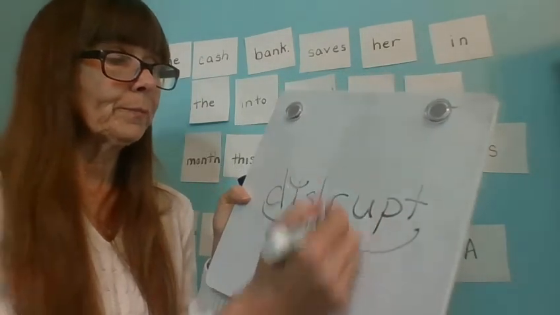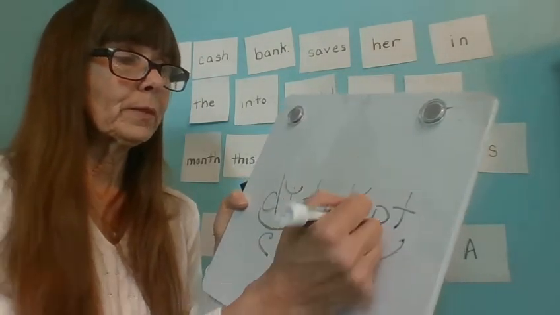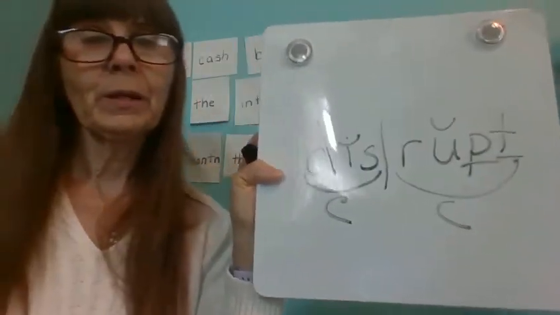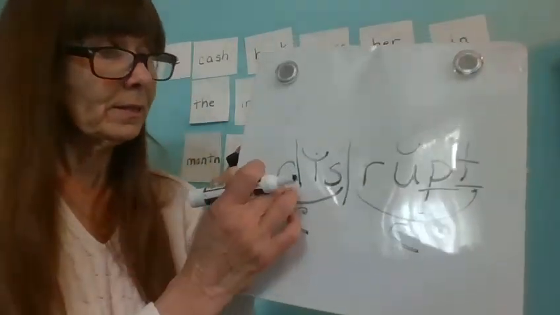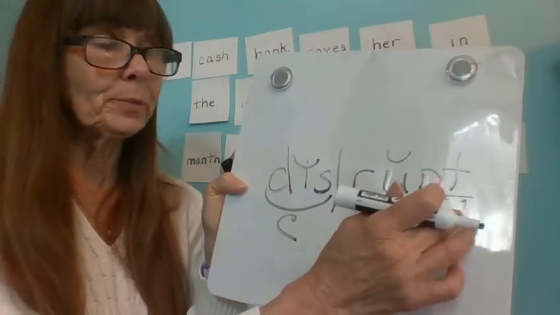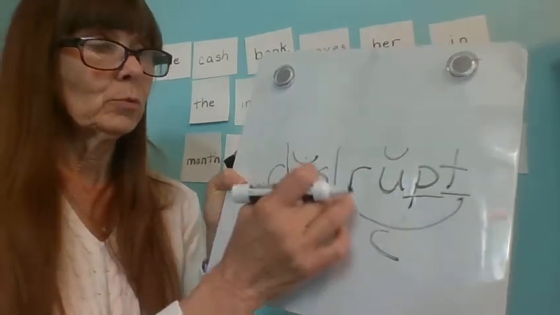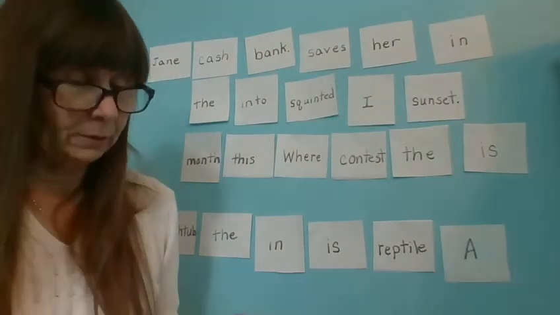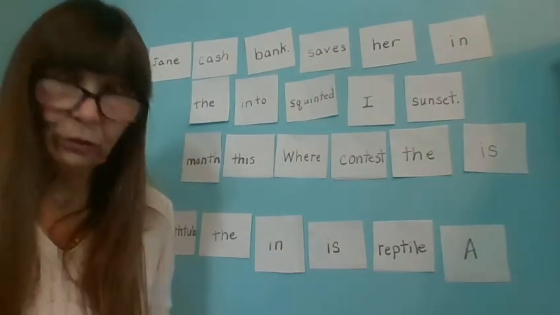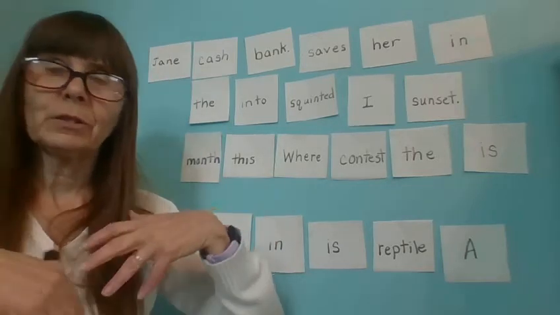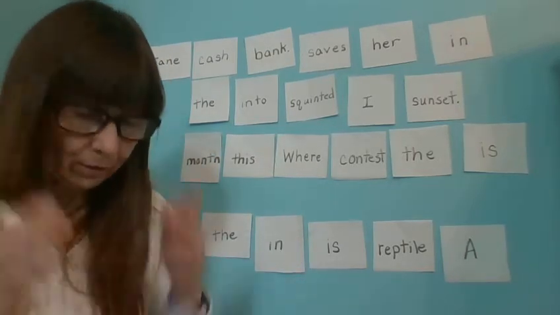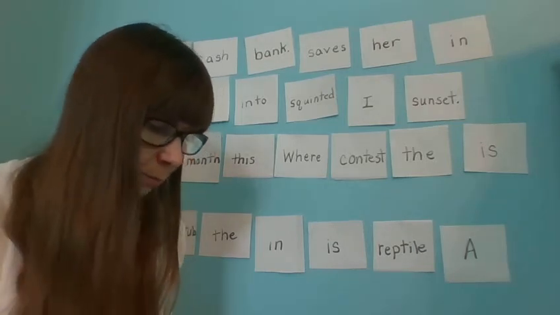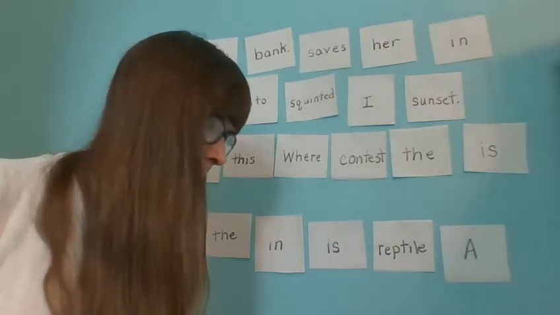Closed syllable, closed syllable. Put that breve over it, and this is the way we say it. Disrupt. And perhaps you know the word disrupt means to make things get all chaotic. You disrupt the meeting means you come running in and say, oh, I have some emergency information or something.